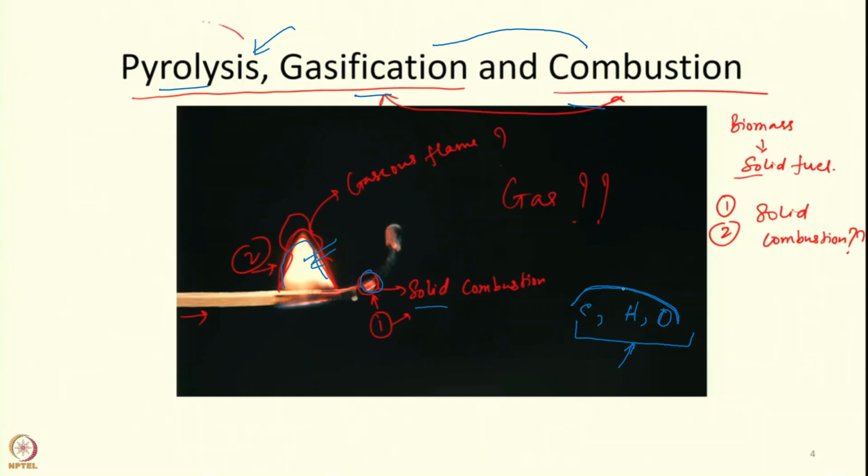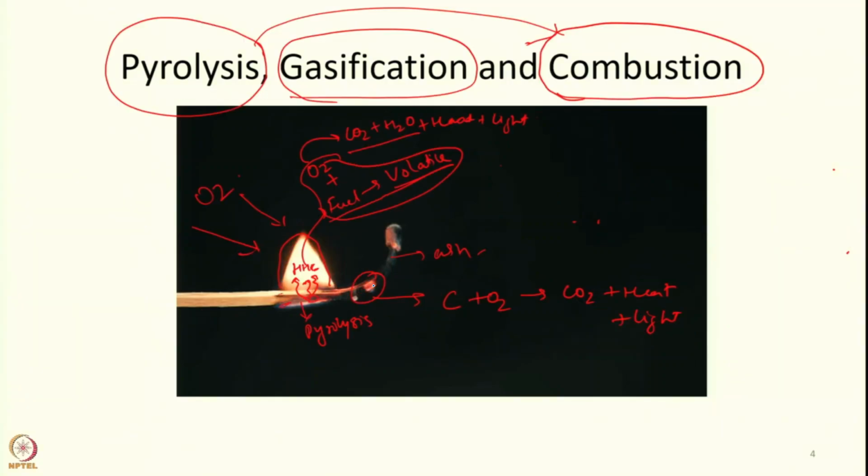Then with the excess of oxygen, the gas burns in a luminous form. This is called liquid or gas combustion. And this is solid combustion, where only the solid is burning, inside the matchsticks.